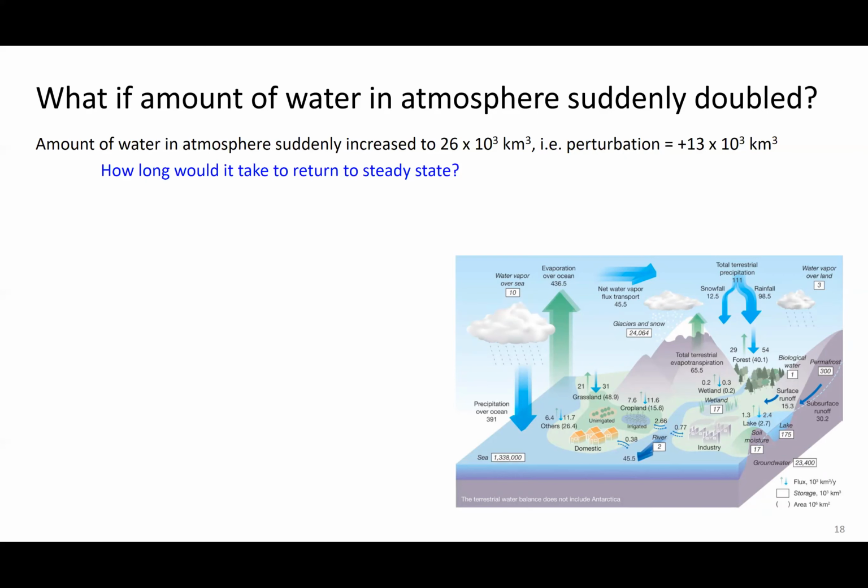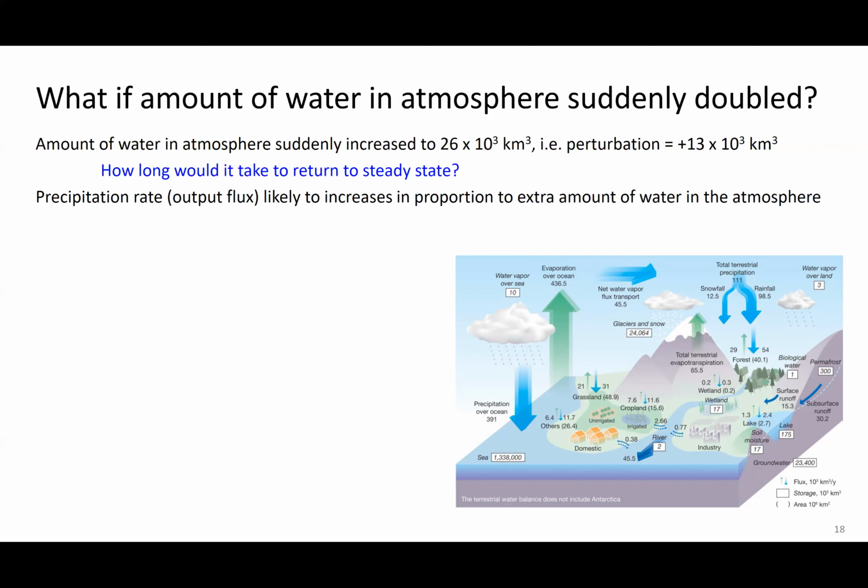How long would it take to return? How long would the atmosphere take to return to steady state? So, assuming the precipitation rate, or the output flux out of the atmosphere, is likely to increase in proportion to the extra amount of water in the atmosphere, we can make these calculations.